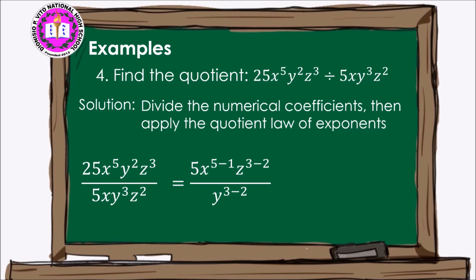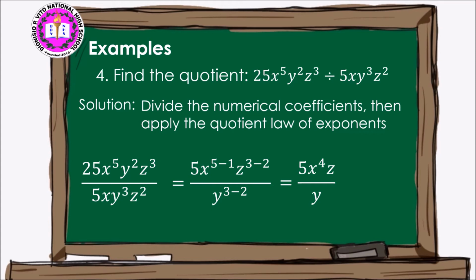Then we have x raised to 5 and x. So we're going to have x raised to 5 minus 1. Then we have z raised to 3 minus 2 over y raised to 3 minus 2, which is equal to 5x raised to 5 minus 1, which is equal to 5x raised to 4.